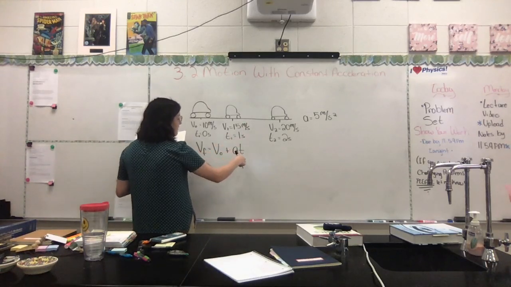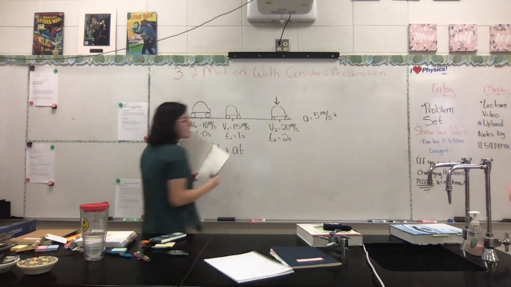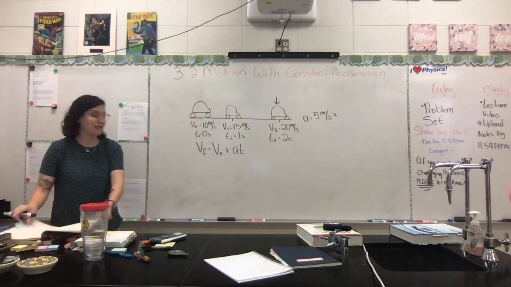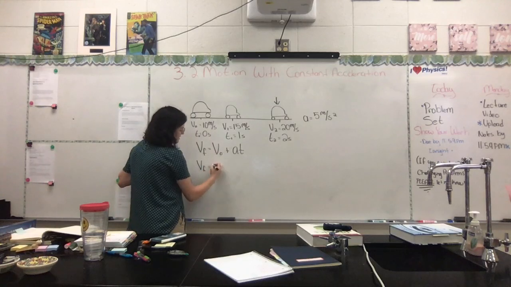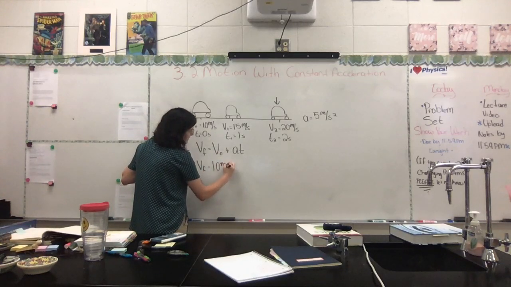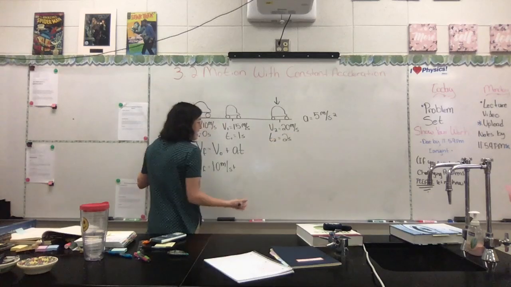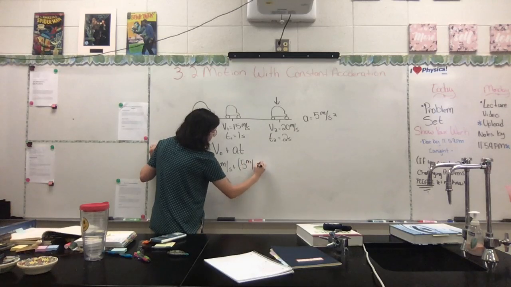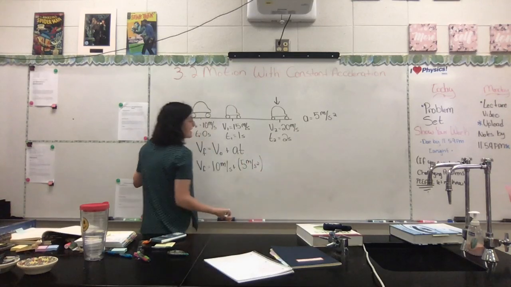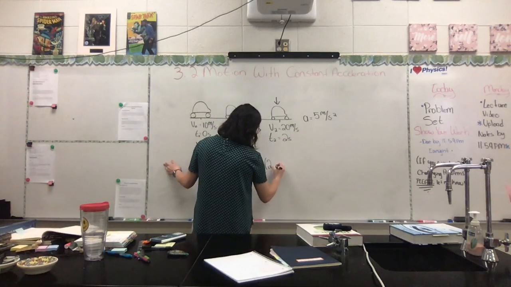So let's say we want to double check with this velocity 2 right here. We would put in that our final velocity is equal to our initial velocity, which is 10 meters per second, plus our acceleration, which is 5 meters per second squared, times our time, which is 2 seconds.